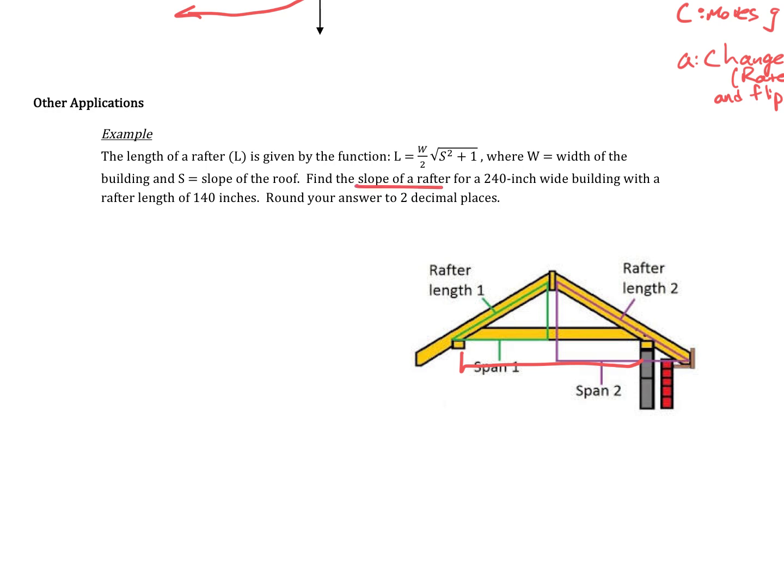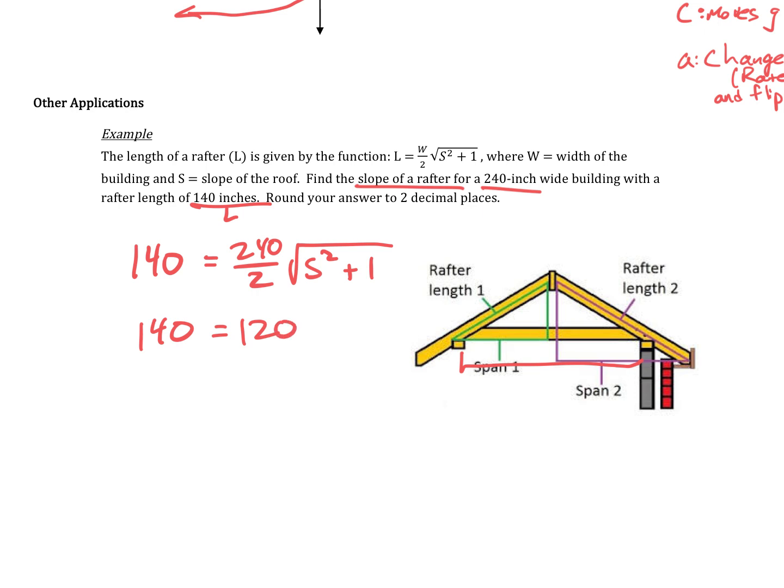Let's say we want to find the slope of the rafter. If we have a 240-inch building, and we know the rafter length is 140 inches, we can plug that into this. 140 is L. We know the width is 240. And we want to solve for S. So here's an application of a function, kind of going back to our last lesson on solving radical equations.